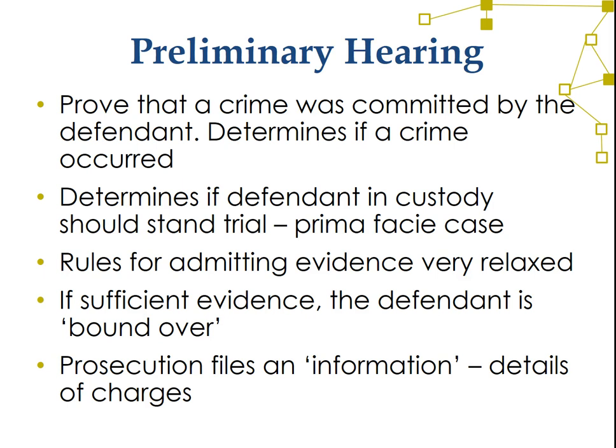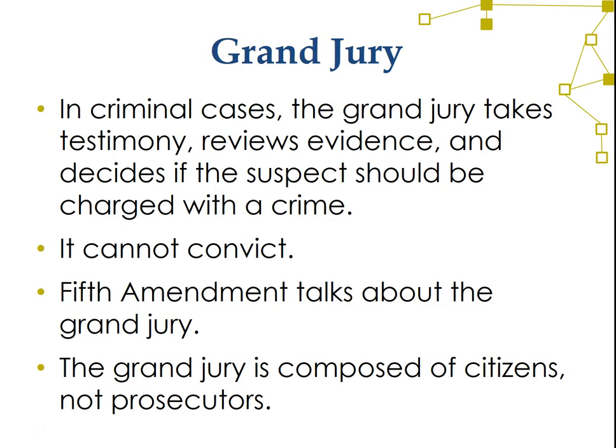And again, if the judge does not hold the defendant to answer on the felony charges, the information will only contain the felonies authorized by the judge, and the prosecutor, of course, can drop charges from the case at this time as well. So when this is done, the prosecution files what they call an information sheet. And these are the details of the charges.